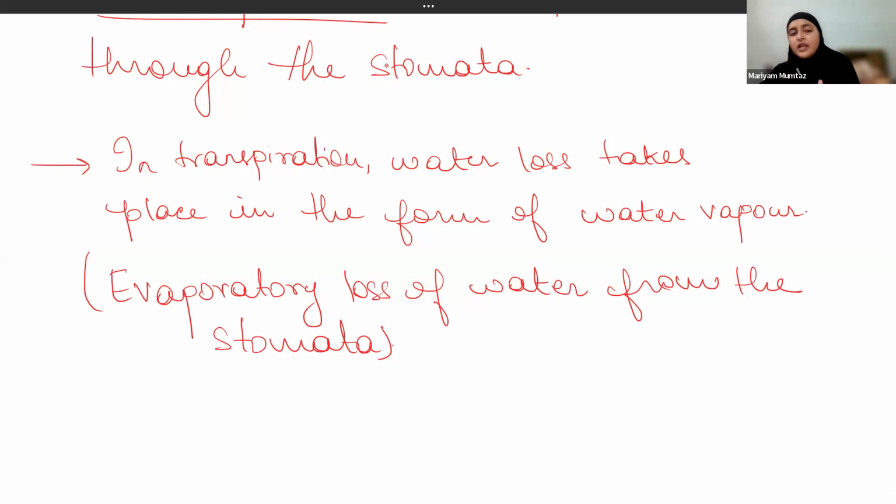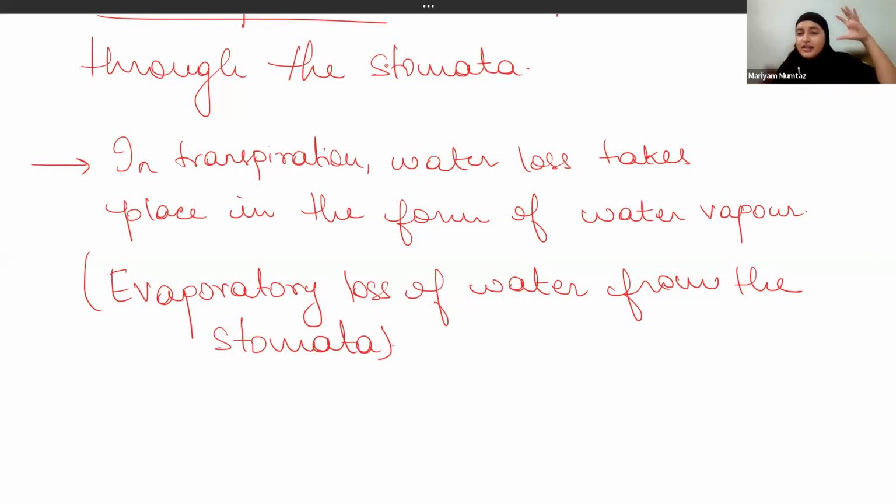Now see, during the daytime, whenever the guard cells have opened, it means that the stomata is open. Since it is open, it is exchanging gases, and water loss can also take place from it.